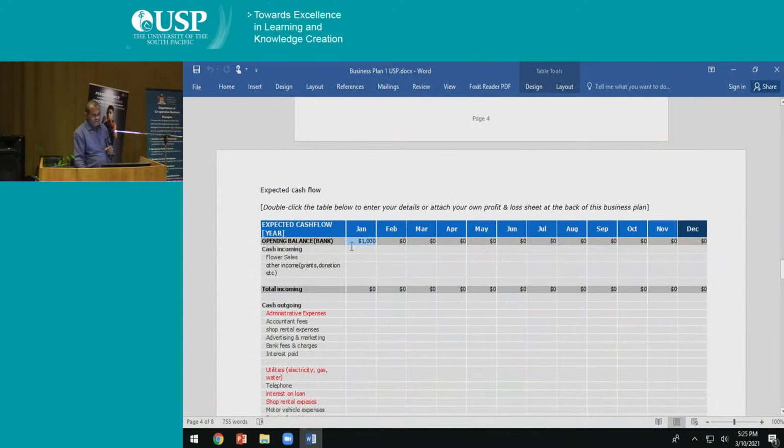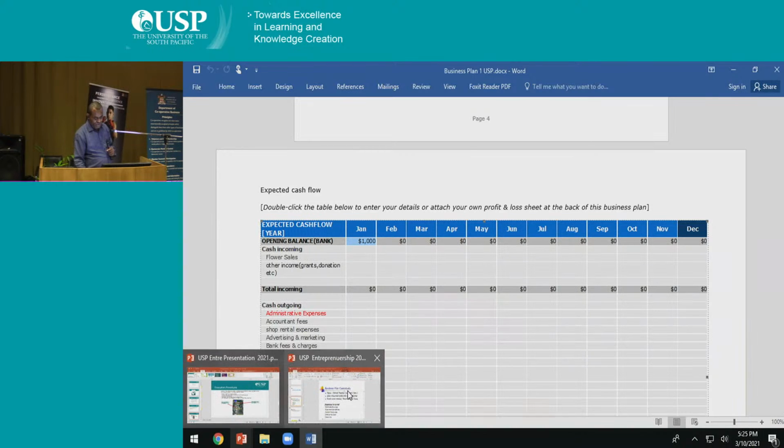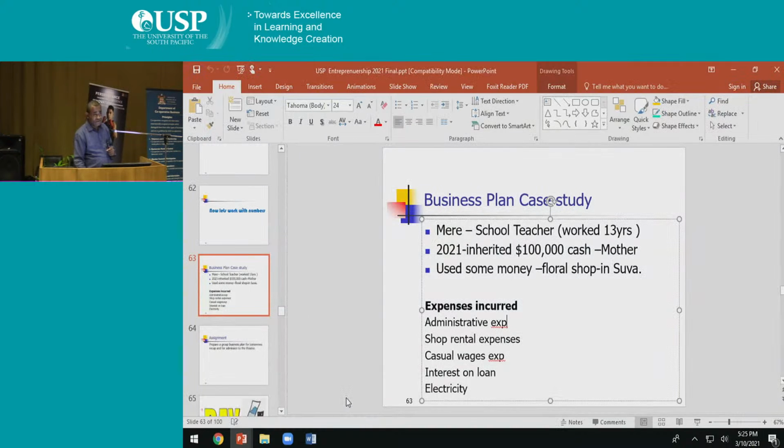Now let's say this Mary, she had 1,000 opening balance in the bank. Let's assume. And for administration costs, now I'm referring to this.